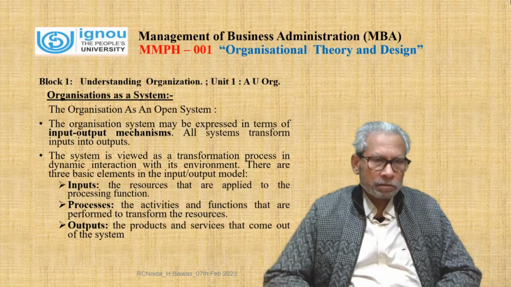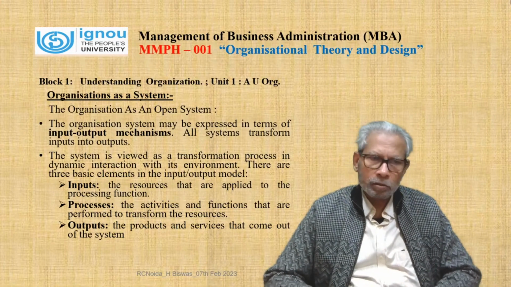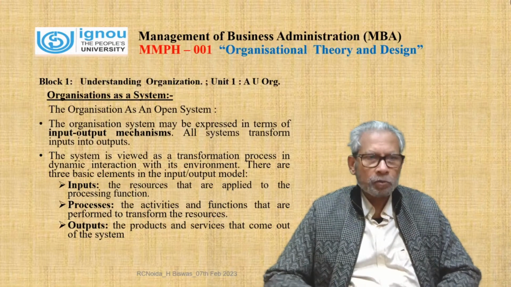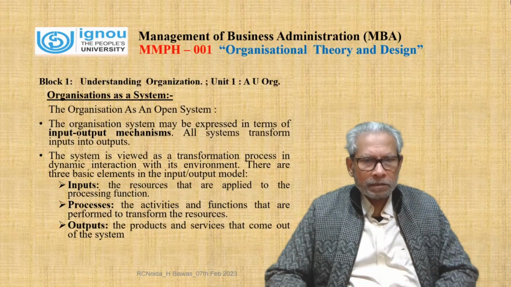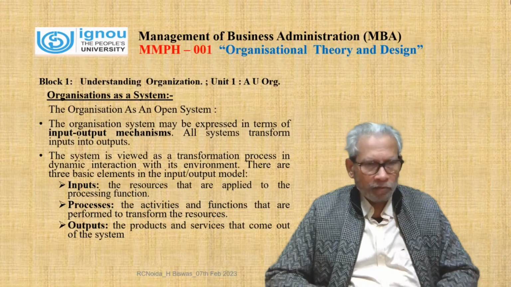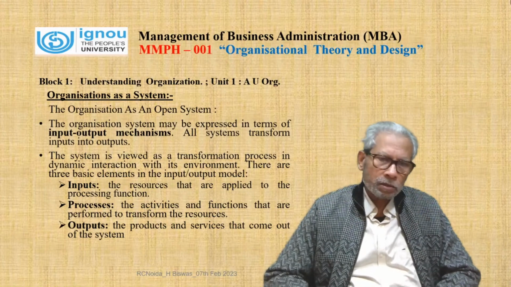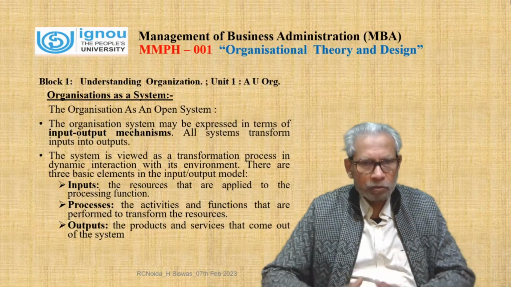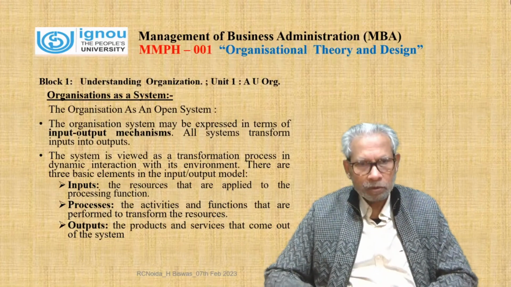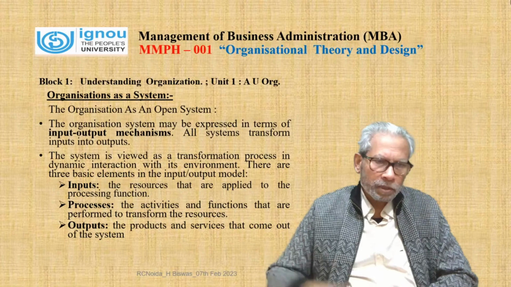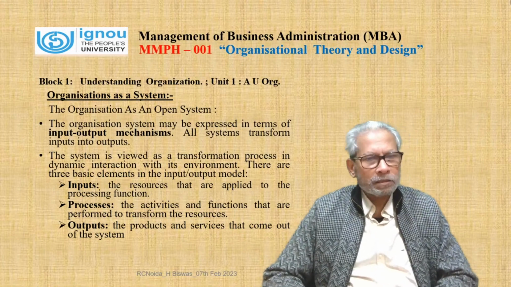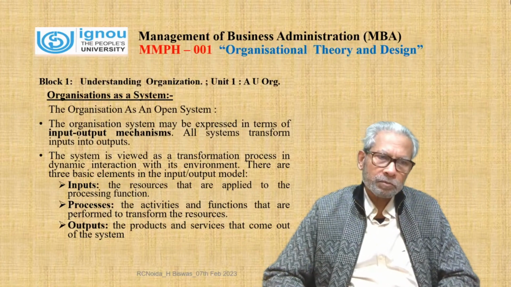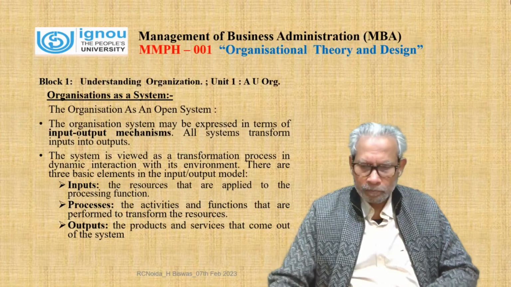And then the process will be there: the activities and the functions that are performed to transform the resources. What are the inputs given to the process? Then finally it will come to the output. The products and the services that come out of the system are the output.